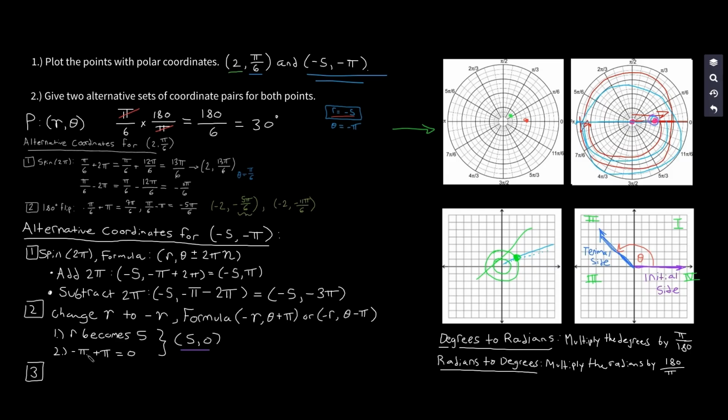So for our different values, we can have 5 and 0, and if you want to do the negative angle spin, then we'll have 5 and pi. And these are different ways that we can show the exact same point in space by using different directions.